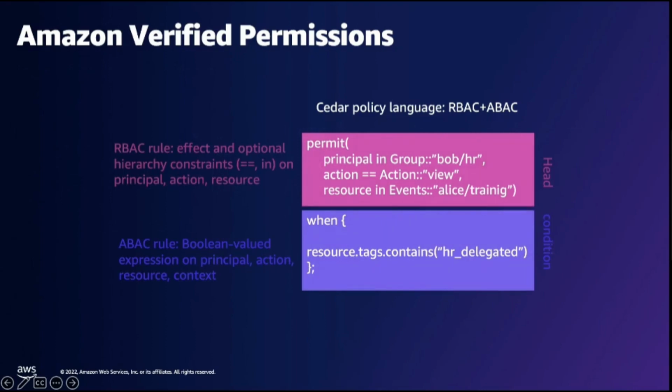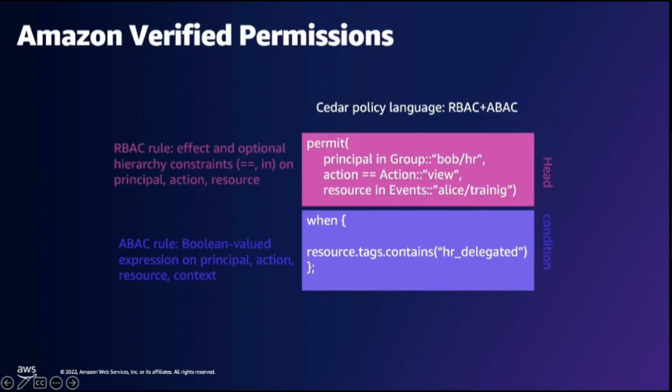Now, if you look back at the employee directory app, with each component talking to each other, performing authorization for a request means each microservice will have to include some sort of logic to determine if the request is authorized or not. Customers want to move away from this. Modern apps are highly decoupled, and there's a need to decouple that authorization part as well. And that is where Amazon Verified Permissions comes in.